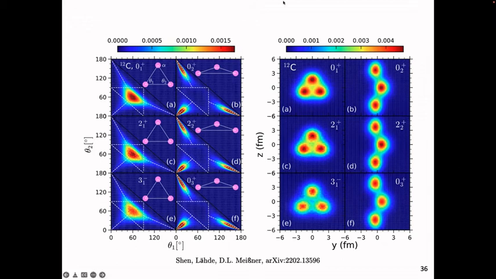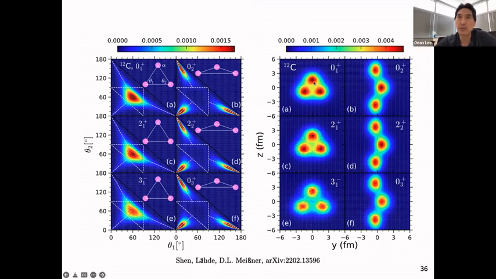And what's interesting is that in the ground state, we get this equilateral triangle. That's the ground state. And there's a rotational band that comes from the various rotational excitations of this ground state, the first 2+ state, and here's the first 3- state. But there's also this famous state called the Hoyle state of carbon-12 that's actually responsible for the abundance of carbon being produced in red giant stars in our universe.